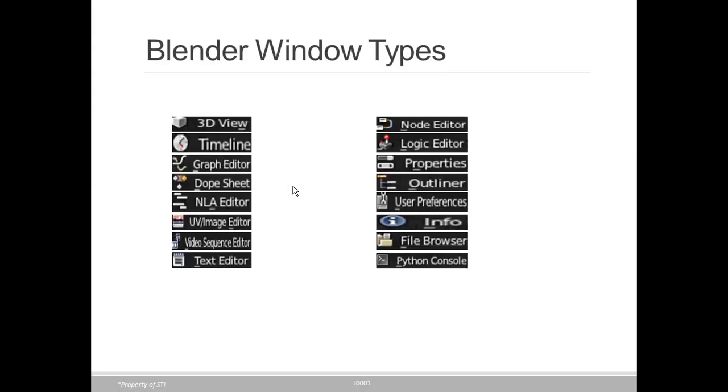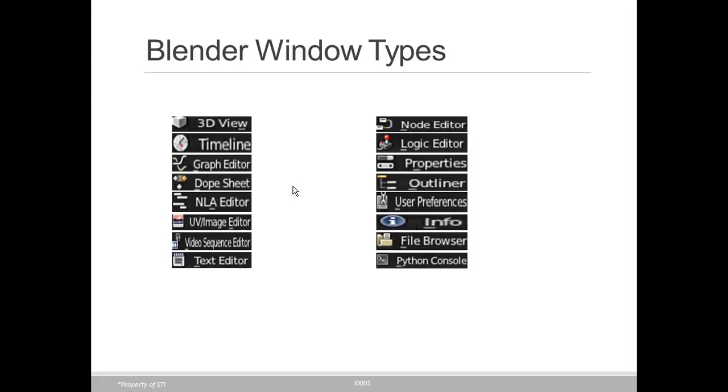So the Blender interface is divided into several rectangular window frames. Each of these may contain different types of information depending upon the type of window. Each window frame functions independently of the others, and you can have the same type of window in many frames.